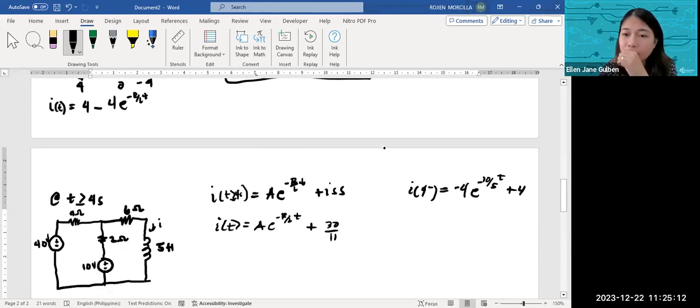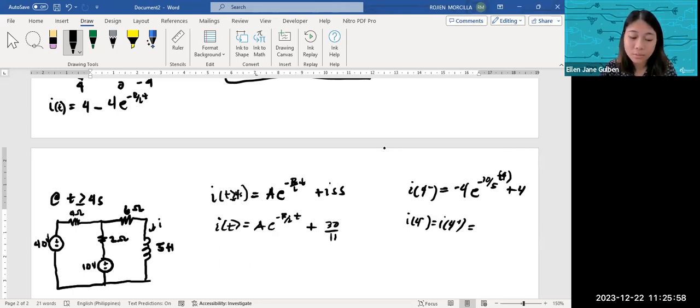So we will put I at 4 minus, that is also equal to I at 4 plus, that is equal to, this one becomes 4. Okay, this is 4. How much is that? You have negative 4 e to the negative 10 over 5, 2 times 4 plus 4.